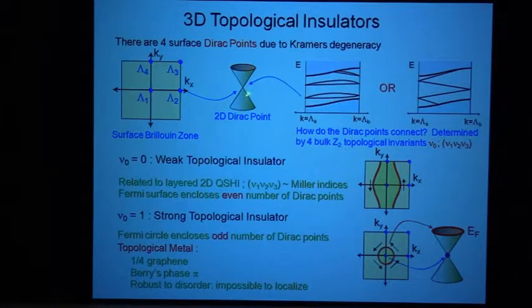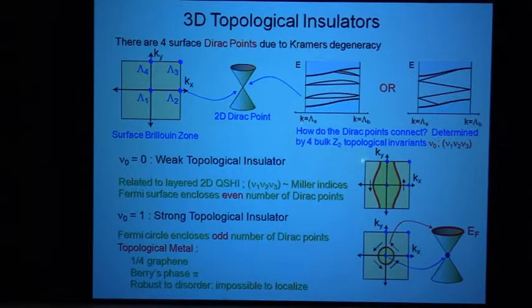Three of these invariants, as Zahid mentioned to you yesterday, are really just characterizing what we call a weak topological insulator, which I can think of as layering two-dimensional topological insulators on top of each other, just forming a stack.